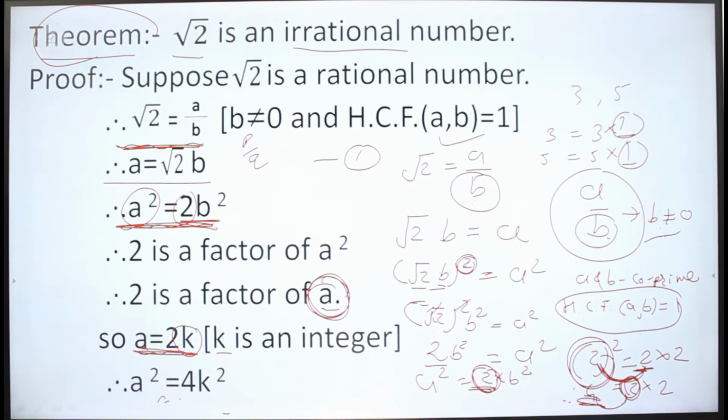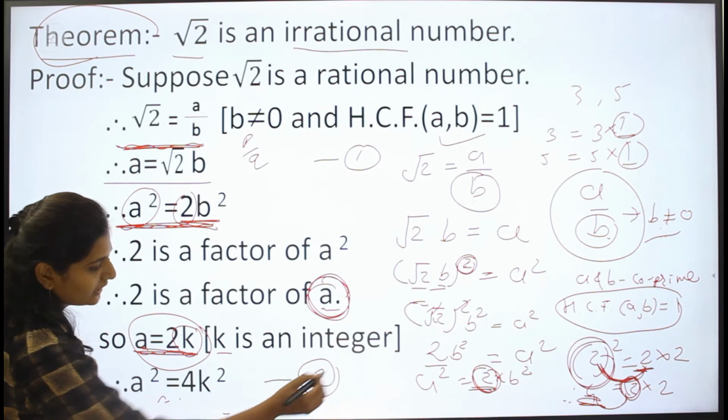Again, squaring both sides, it will be a square equals 2 square, which is 4, times k square. Give this as equation number 2.